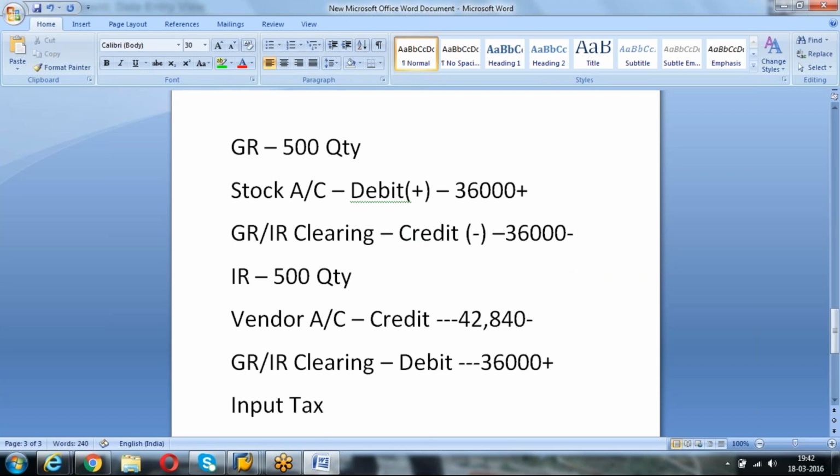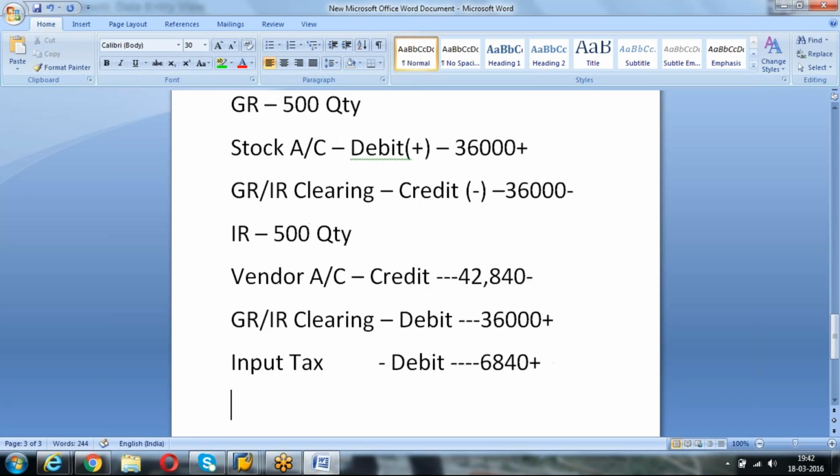Because the tax has come in, the amount has come here, right? Input tax is debit. How much? 6,840 debit.